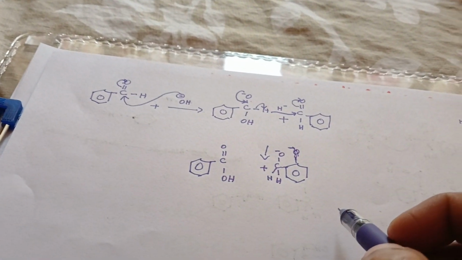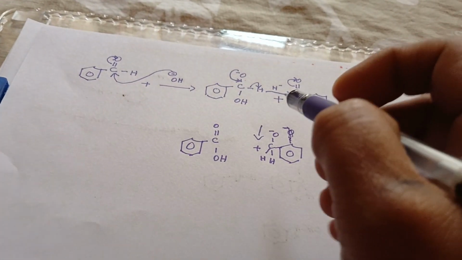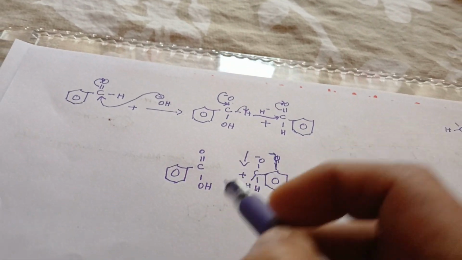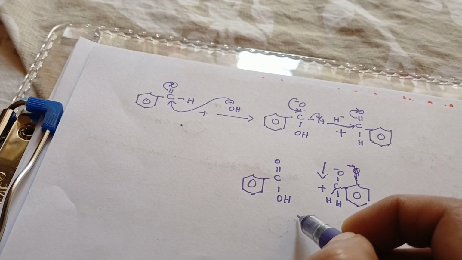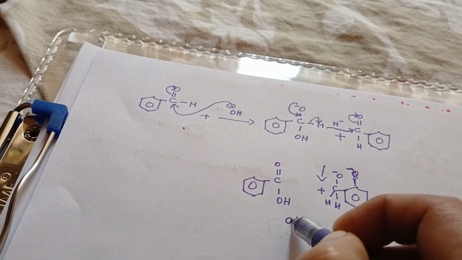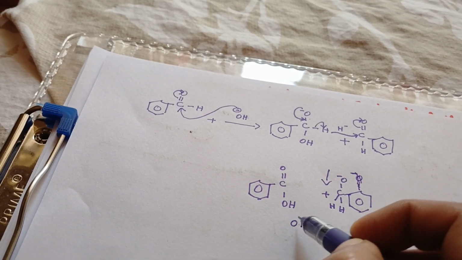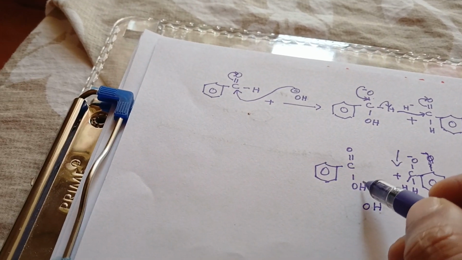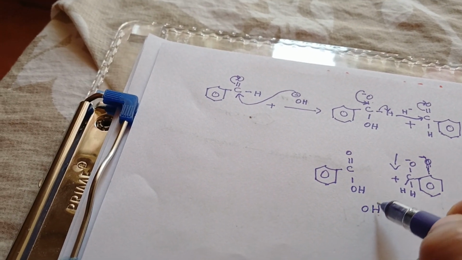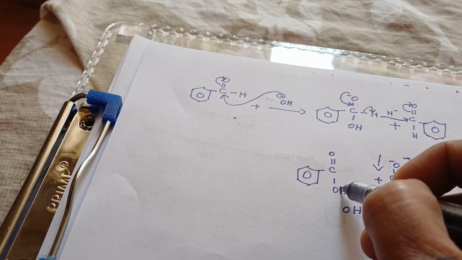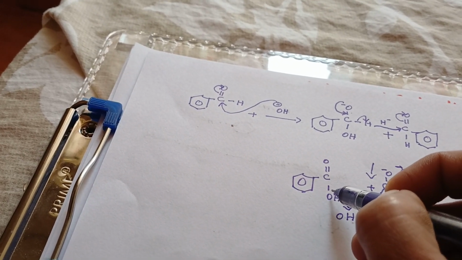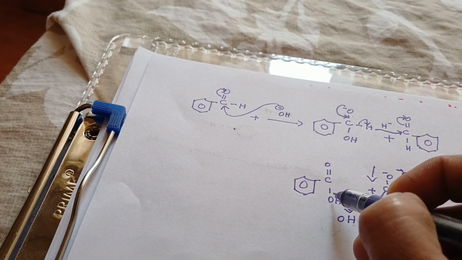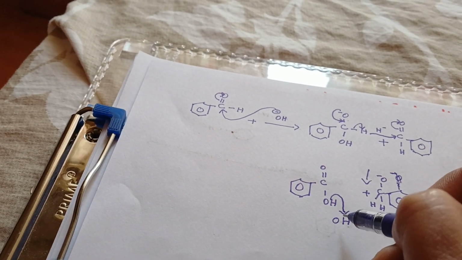So it will be like this. Now this is in a strongly basic medium, so there are lots of OH minus ions here. This will pull out a proton from here. So one proton is taken here, and a negative charge will remain on the oxygen once that goes here.